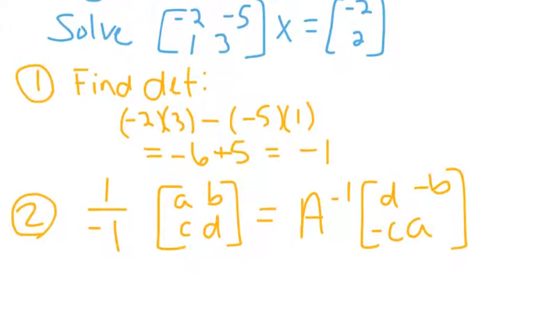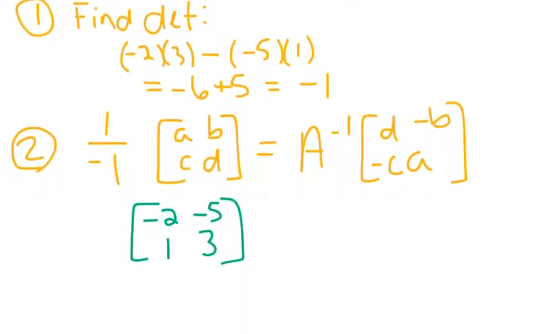Let's look at this matrix and apply this principle to it. I'll write it all out: 2, negative 5, 1, and 3 now becomes 1 over our determinant times this new format, times 3, negative 2.